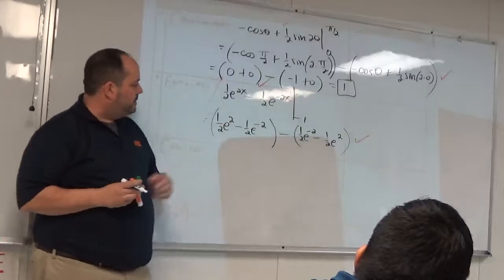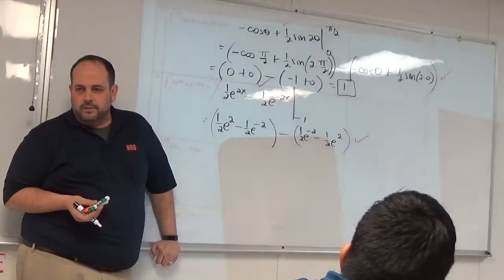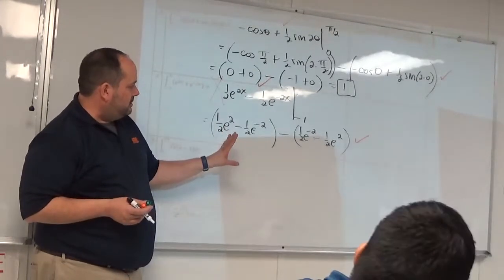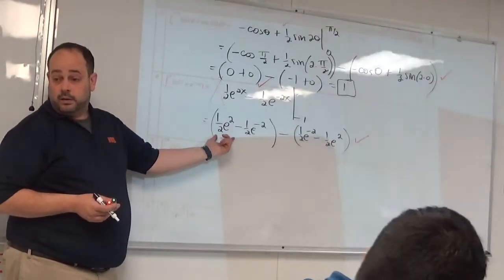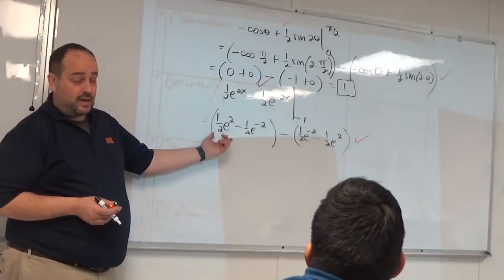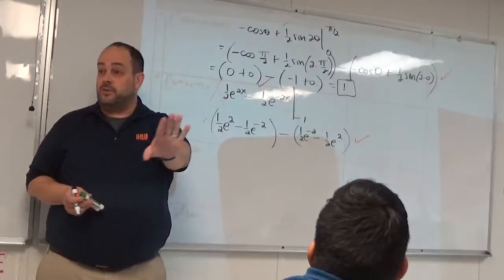Now, anybody see any simplifying we can do here? The 1/2, we got a lot of 1/2s. I got a 1/2 e squared. Anything I can combine this with? Jackie, what do you see? Not taking derivatives.